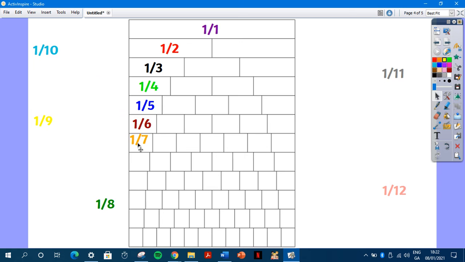So 1 over 7 is smaller than 1 over 6. It's that much smaller, so 1 over 6 is bigger by this much. Okay, which is bigger? 1 over 3 or 1 over 6? It's 1 over 3, isn't it? So that's the bigger one.